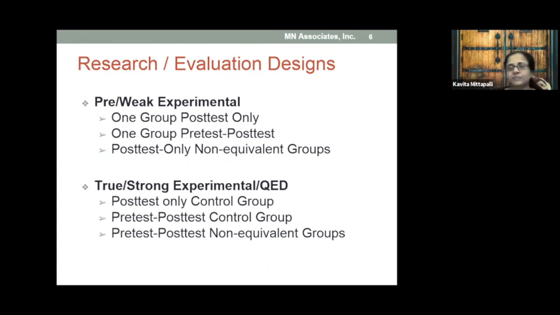And it's very acceptable because people realize that you simply cannot deny services in social services, especially in health and education. Giving an intervention to a few students, a few groups, and denying the same services to the other group is not fair. It's inhumane. So that's why a quasi-experimental design is far more acceptable, and it also yields pretty good results.